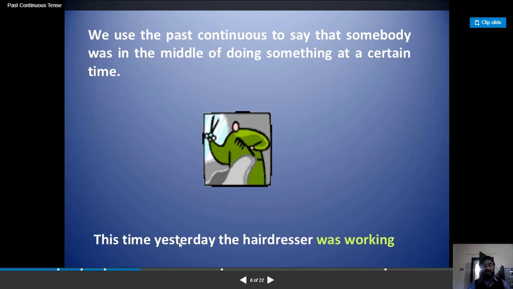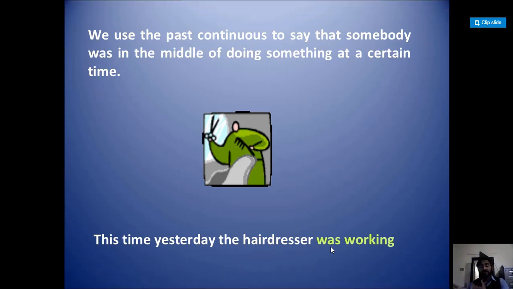So at this time in the past, yesterday, the hairdresser was working. His activity or his action was in the middle at this time yesterday. So in order to describe that somebody was in the middle of doing something at a certain time, we use the past continuous tense.